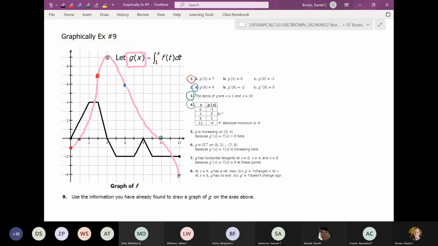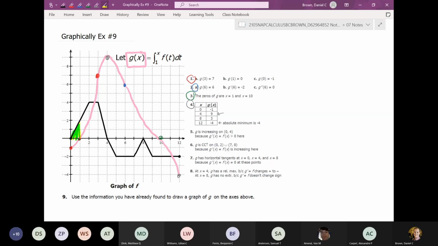The connections I want you to make, again, those just came from the answers we found. Why I call this an accumulation function, you have to imagine that pink is the value of the net area. As I move across this graph, starting at 1 and moving backwards, that would be a bunch of negative area because we've moved backwards along that curve.